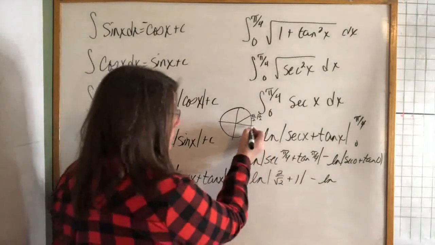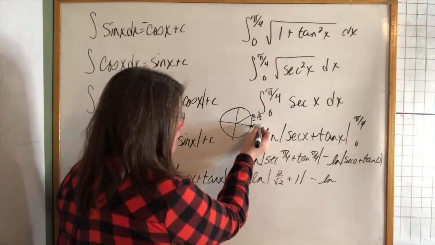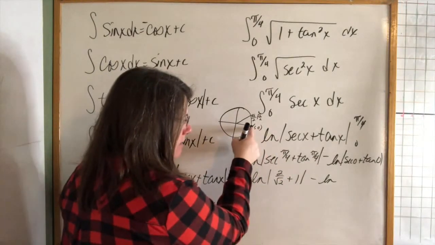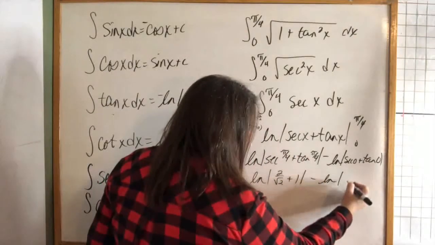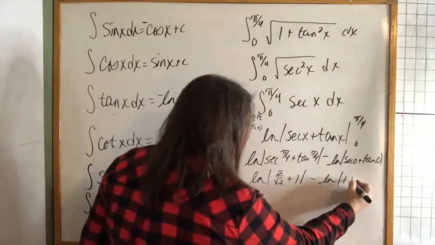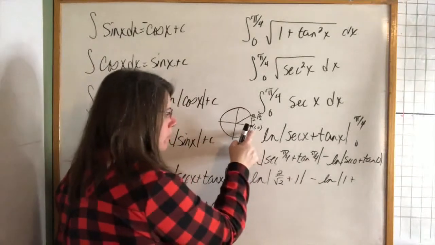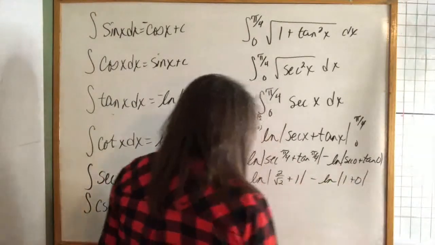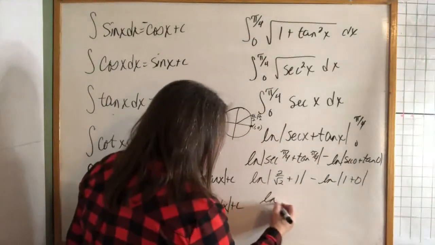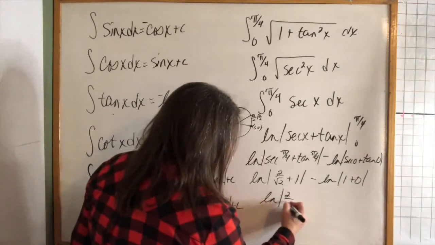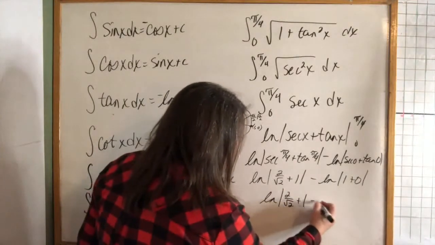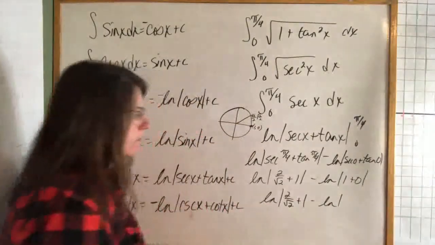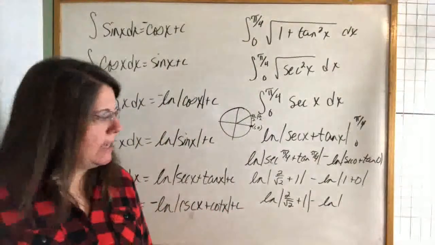Secant at 0: here is 0, that is 1, 0. The inverse of cosine is secant, so that will be 1. So secant 0 is 1, plus tangent at 0 is 0 over 1, which is 0. So we have the natural log of the absolute value of 2 over square root of 2 plus 1 minus the natural log of 1 for our final answer.